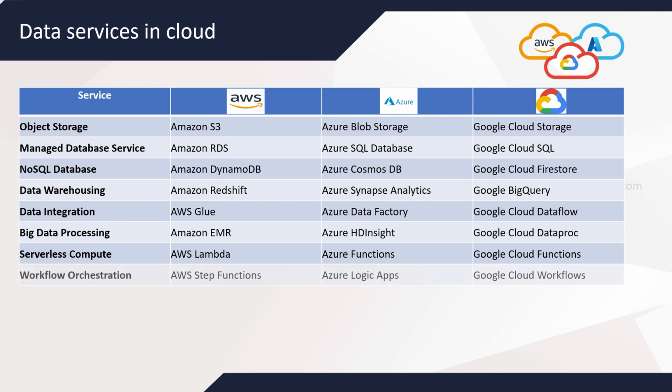All right, so next one in the list is workflow orchestration. Let's say you have your database ready, you have your data warehousing, you have the data integration, all that big data processing is done. You will need a workflow orchestration as well, because when you do any data engineering project, you will have hundreds of tables, and maybe the first 10 tables are depending on the next 20 tables.